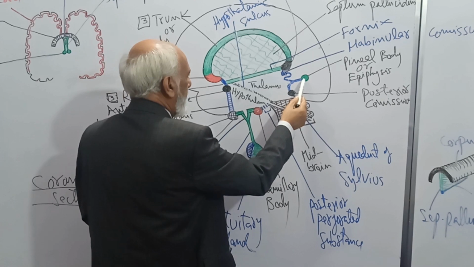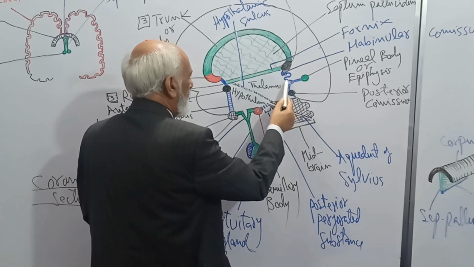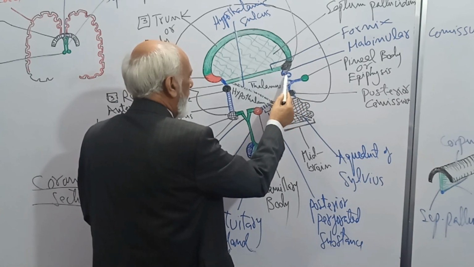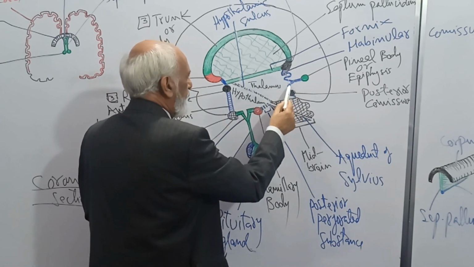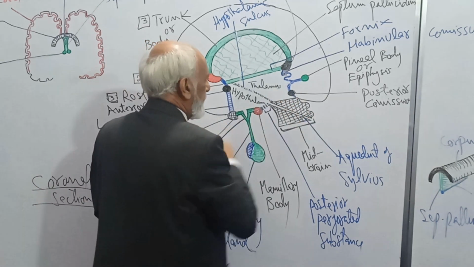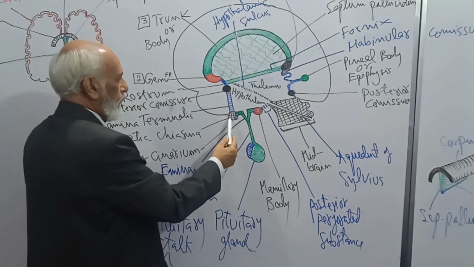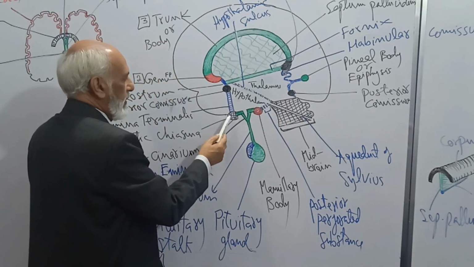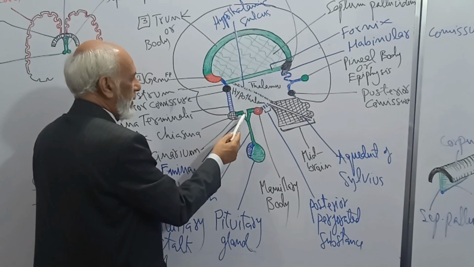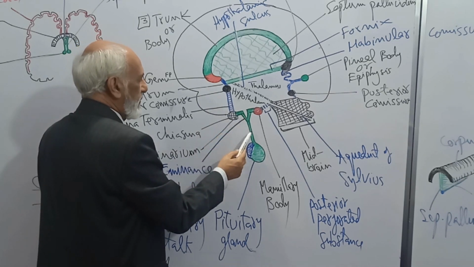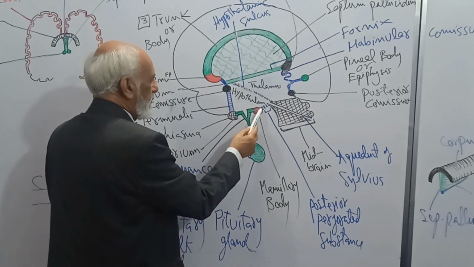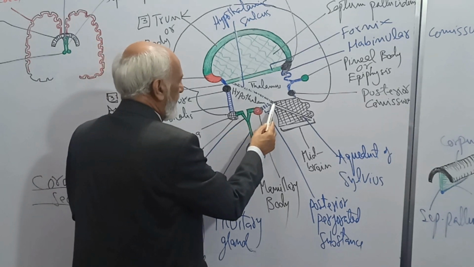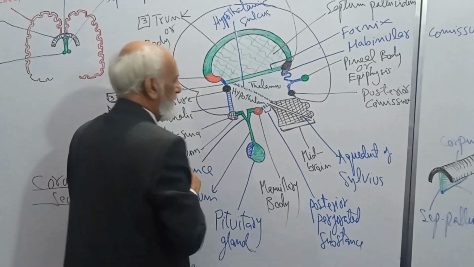Posteriorly are the pineal body, pineal stalk, superior lamina having the habenular commissure and habenular nucleus, and the inferior lamina having the posterior commissure. The floor from before backward: optic chiasma, tuber cinereum, median eminence, infundibulum, pituitary gland, right and left mammillary bodies, posterior perforated substance, then the posterior part of the midbrain.